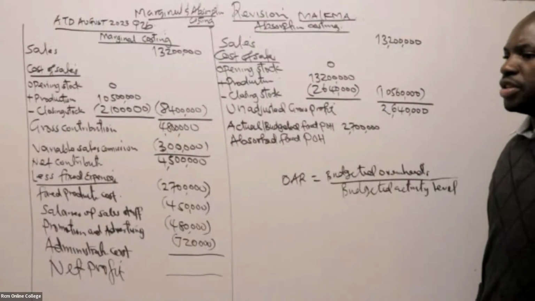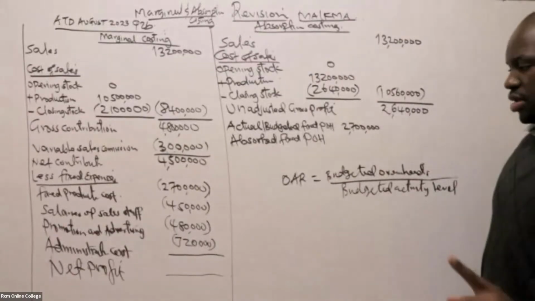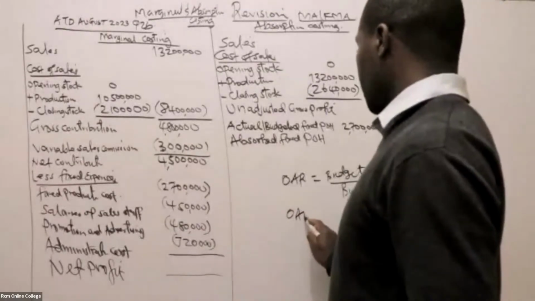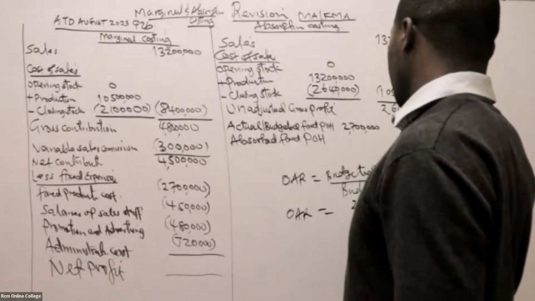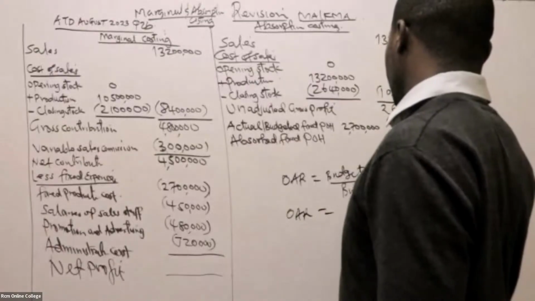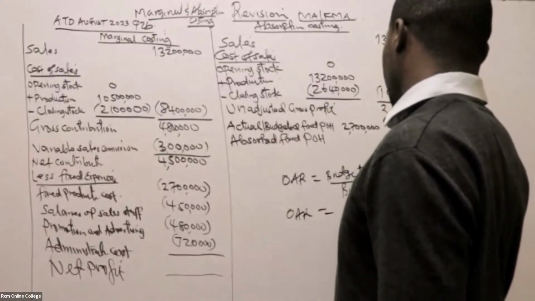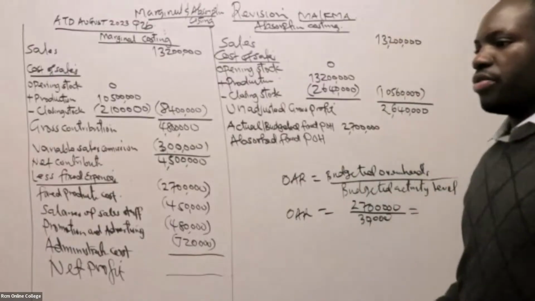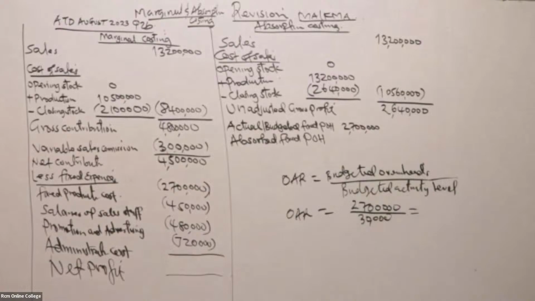It is the number of units produced. So can we get our overhead absorption rate? Budgeted fixed production overheads is 2,700,000. We divide by budgeted activity level of 30,000. What is our overhead absorption rate per unit?